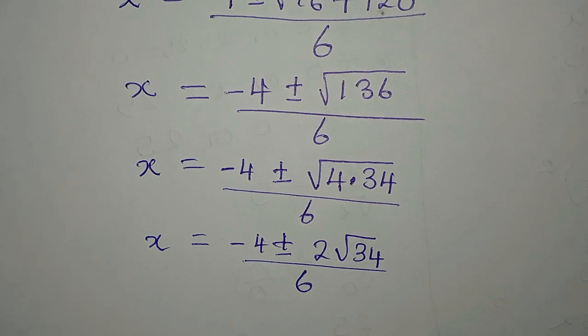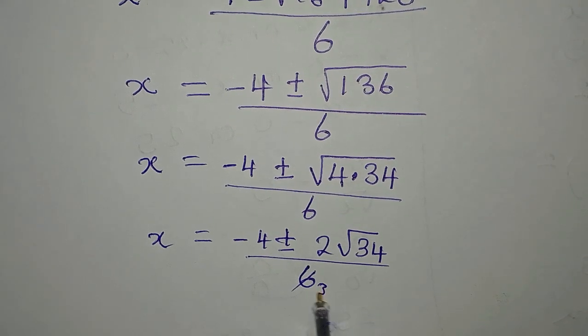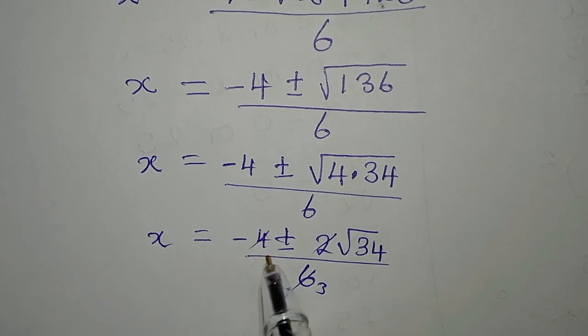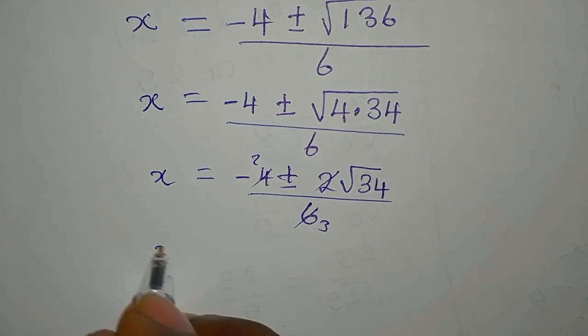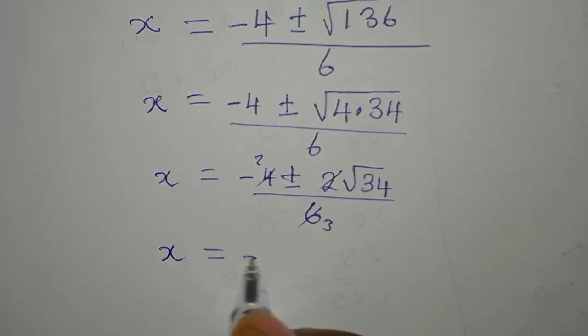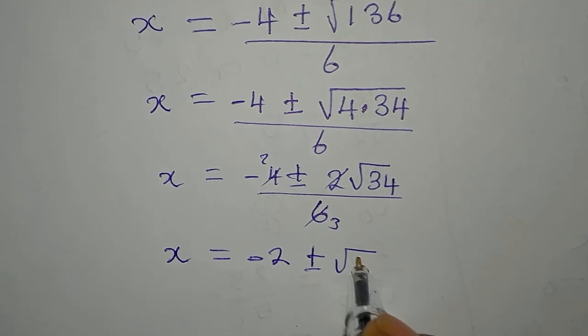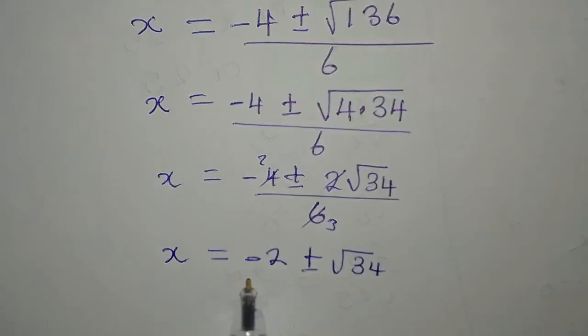Simple, isn't it? But then, 2 can go here. We have 3. 2 will cancel that from there, and 2 will still go here, and we have 2. So this means our x is equal to minus 2 plus or minus square root of 34 over 3.